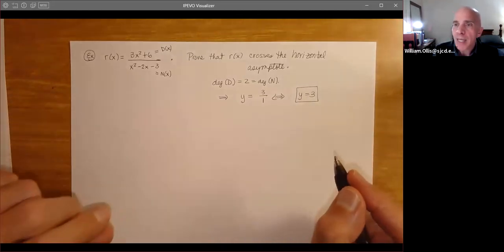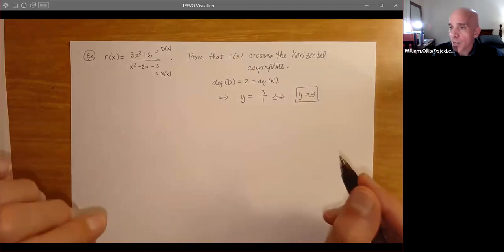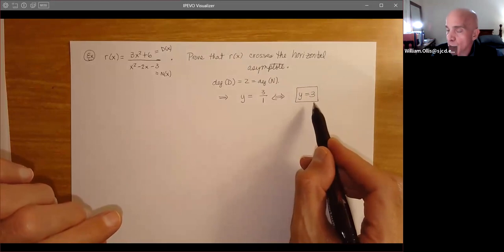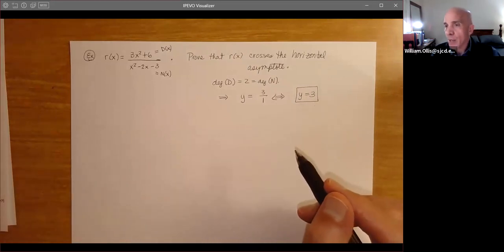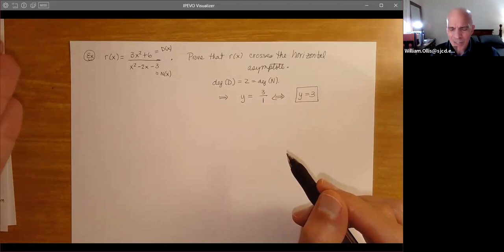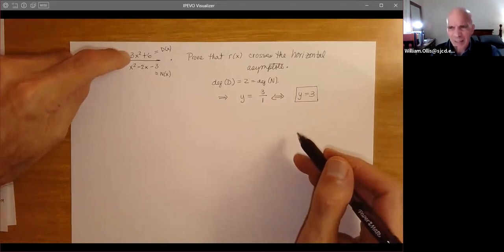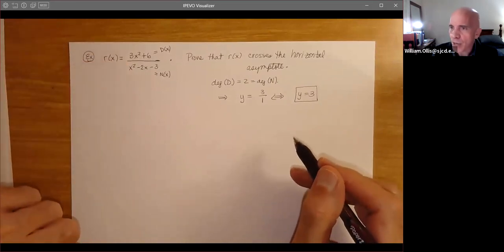And so if a graph crosses a particular horizontal asymptote, then that means it must assume 3 in its range. And what we've written so far, that has not occurred. Okay. And in most cases, it's fairly clear that it doesn't occur. But when you're thinking, this is an interesting function, it doesn't have any x-intercepts, I think it might actually cross the horizontal asymptote.